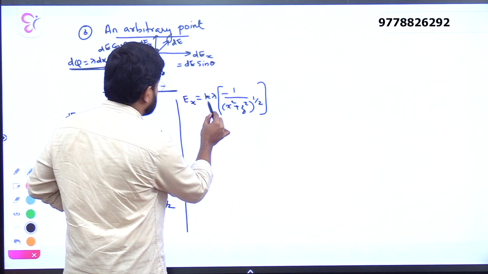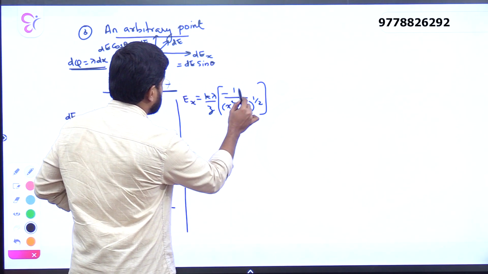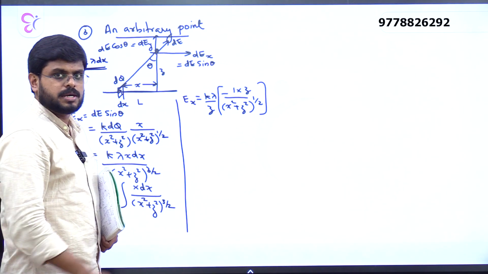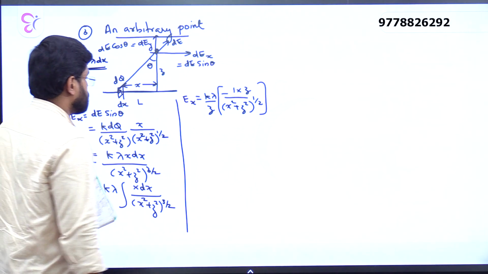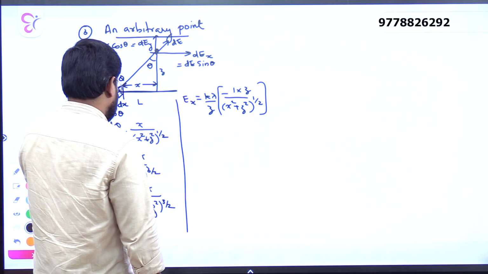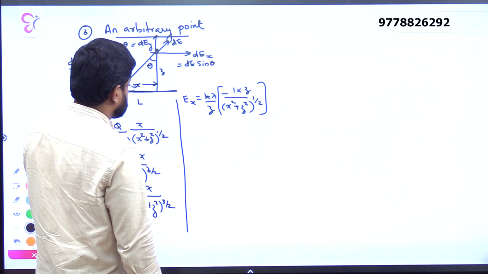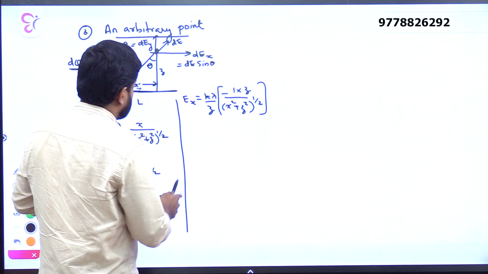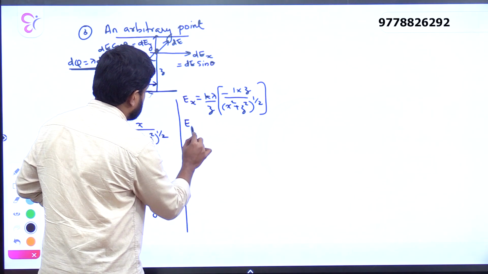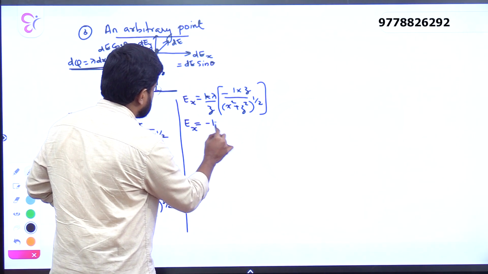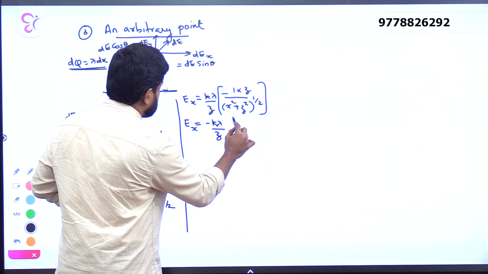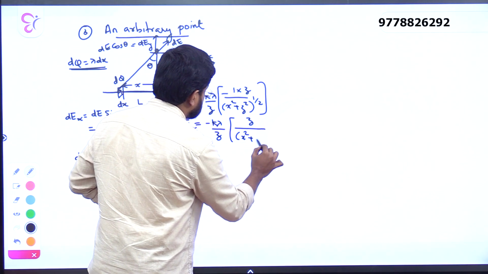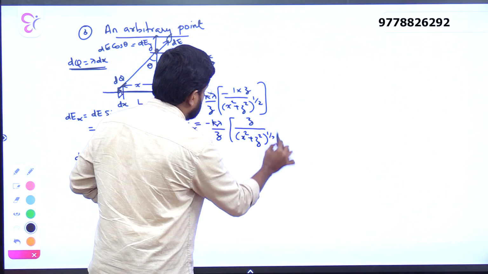I am dividing this by z and multiplying by z, so it remains unchanged. So Ex is equal to k lambda by z into minus z by x square plus z square whole power 1 by 2.